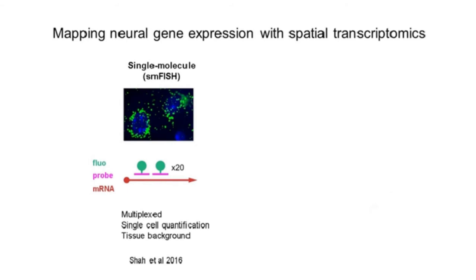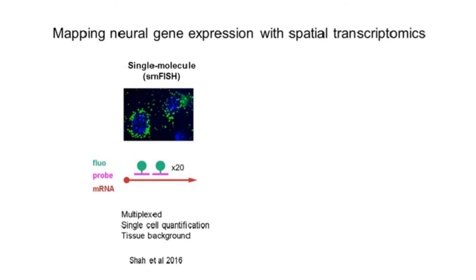So what are the available tools for spatial transcriptomics? The hybridization-based approaches are the most developed, and I'd like to give you a very quick lay of the land. The most widely used approach is single molecule fluorescent in situ hybridization, or smFISH for short. Here, we're using multiple fluorescently tagged probes to hybridize them to an RNA target in vitro or in vivo.